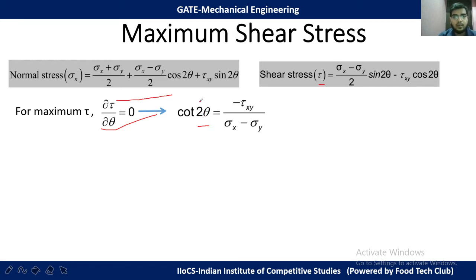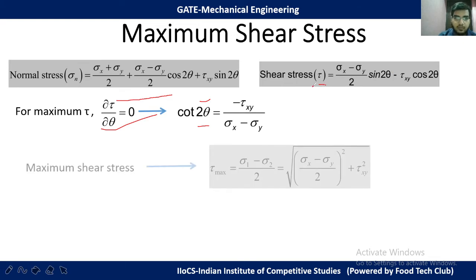Then from this equation theta can be found, and because this theta corresponds to the plane where maximum shear stress acts, when we put the value of theta into the shear stress, we will get the maximum shear stress. So tau max is equal to sigma 1 minus sigma 2 divided by 2, equal to root over sigma x minus sigma y divided by 2 whole square plus tau xy square. Here sigma 1 is the major principal stress and sigma 2 is the minor principal stress.